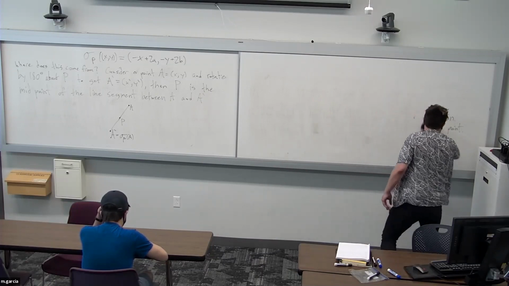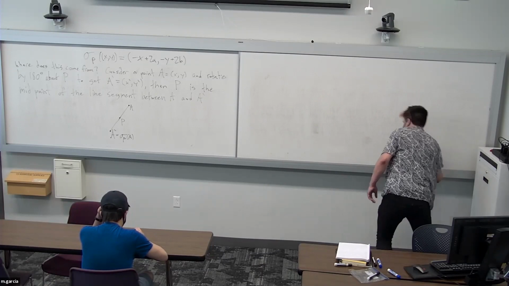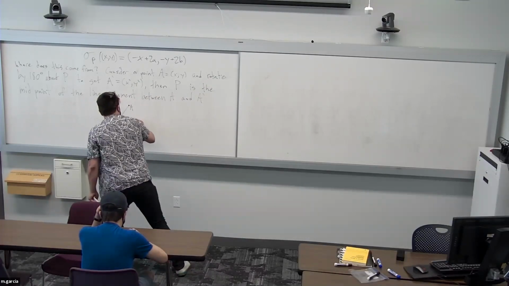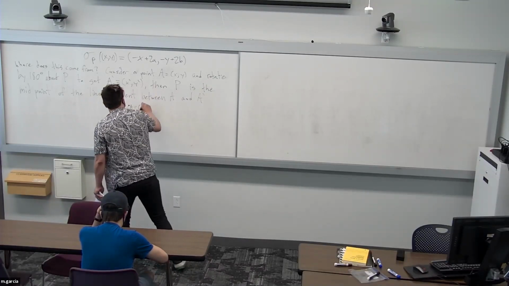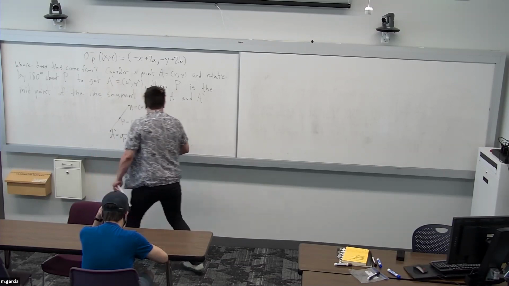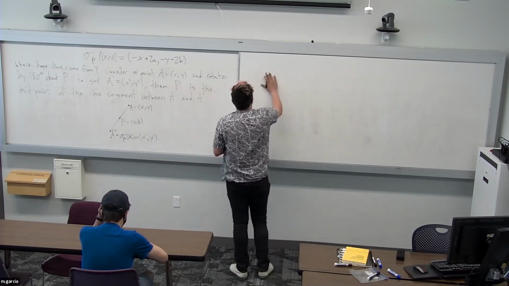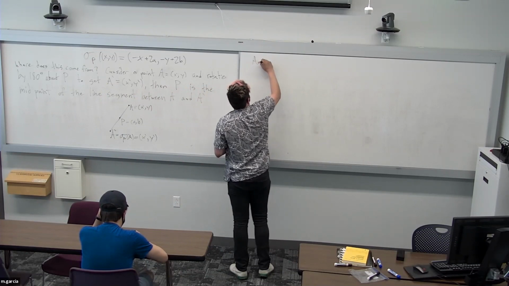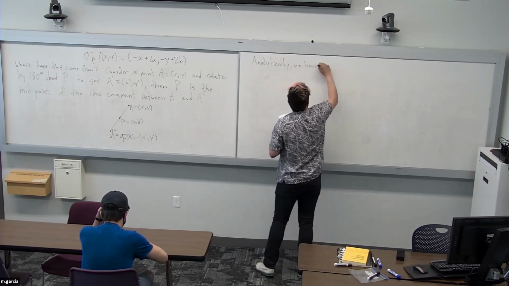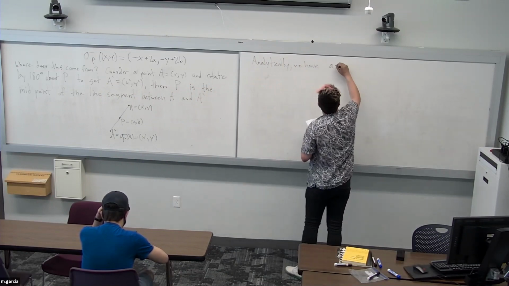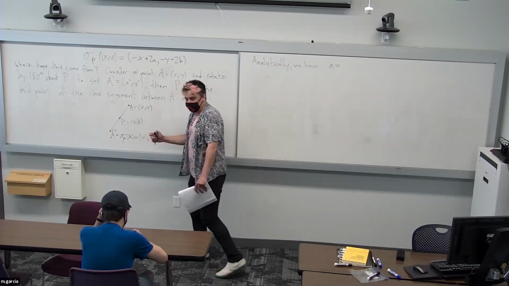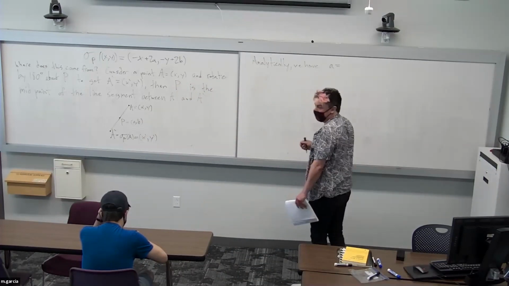But yeah. So if we want to calculate the coordinates of this midpoint in terms of x, y, x prime, and y prime, then analytically, the first coordinate of our midpoint, a, is the average of the x components of A and A prime.